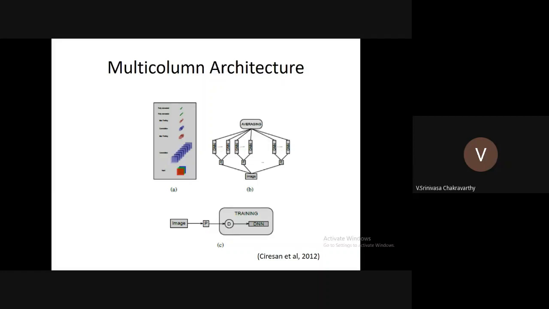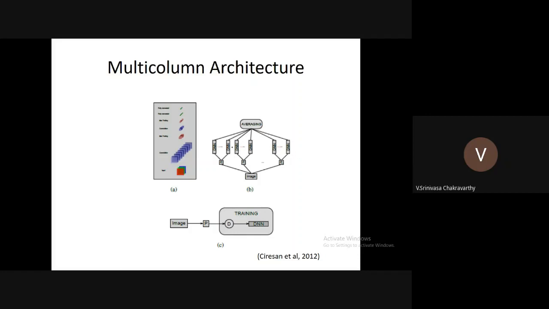But the point is, if you give the same image to all CNNs and train all of them in the same way, why will they be different? If they are not different, what's the point in combining them? To answer that question, they apply some kind of pre-processing to the image. A different kind of pre-processing is applied to the image, and then that pre-processed image is given to different CNNs.